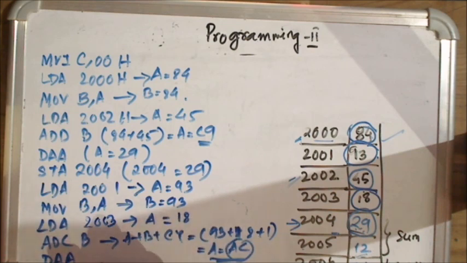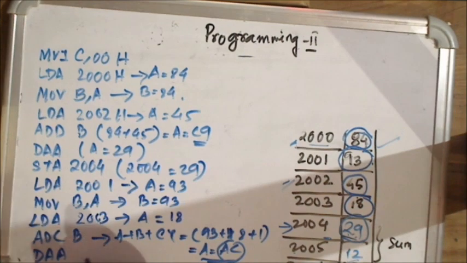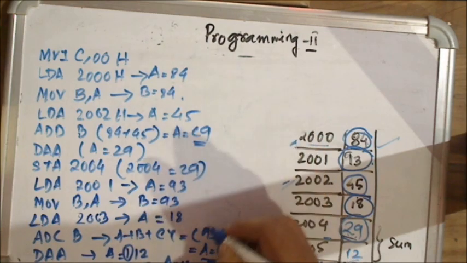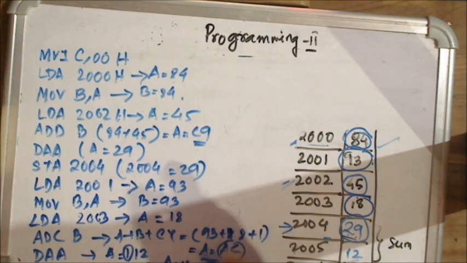Right. So after DAA we will get what? In A we will get 12, and 1 as carry. So the carry flag will be set and A will be loaded with 12. Okay, now store this sum.